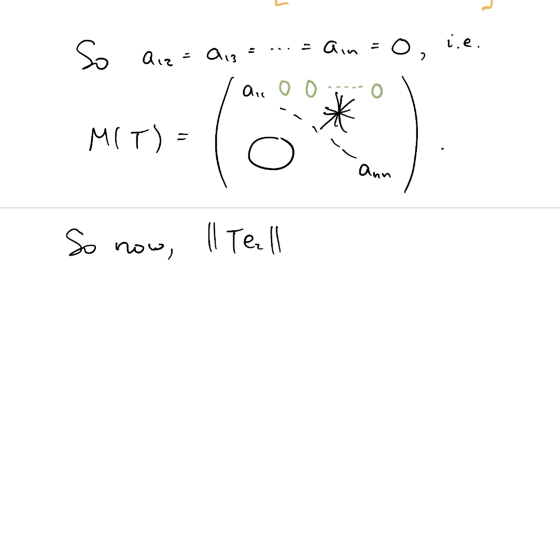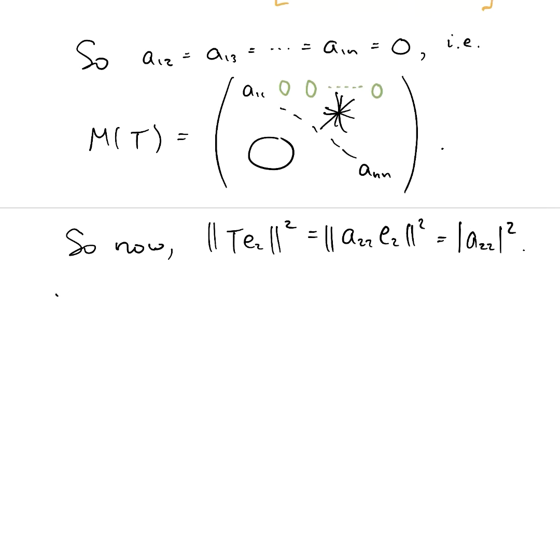So from that matrix right there, T acting on E2 is nothing other than A22 E2. And the square of the norm of that is just A22 magnitude squared.